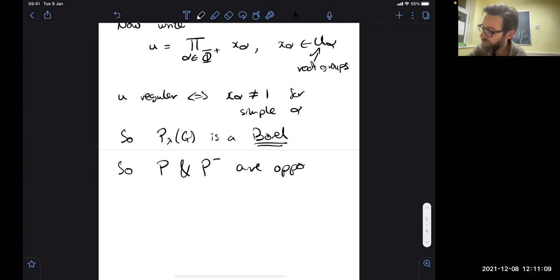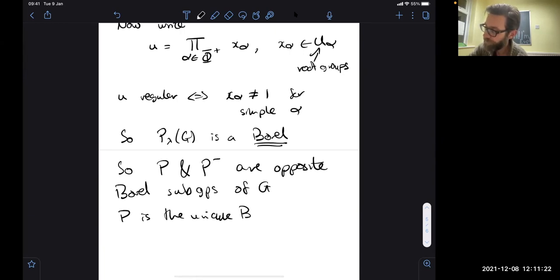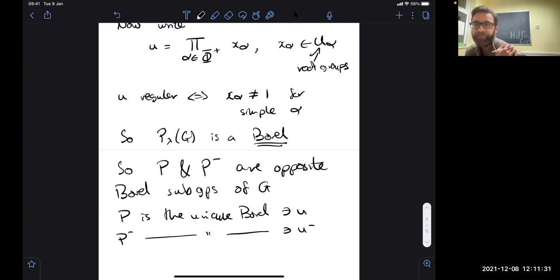They're opposite Borel subgroups of G. P is the unique Borel containing U. P minus is the unique Borel containing U minus. So all this is kind of forced on me just by the fact that these are regular unipotent elements.